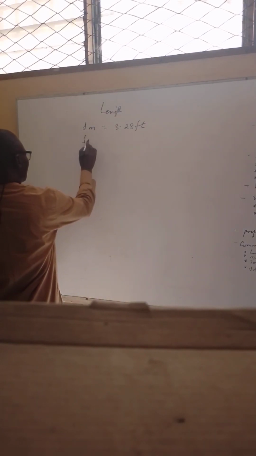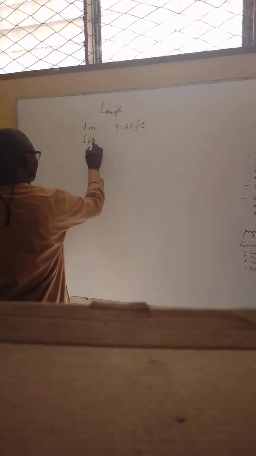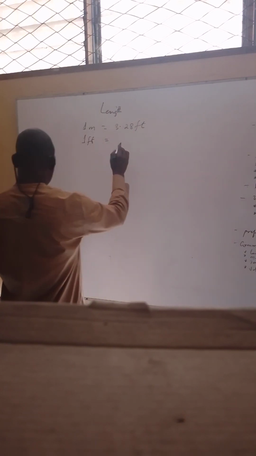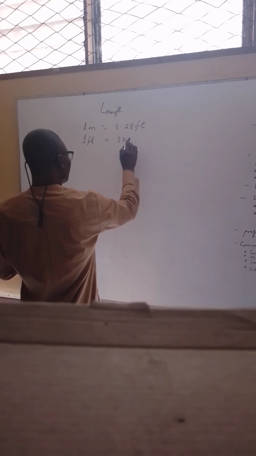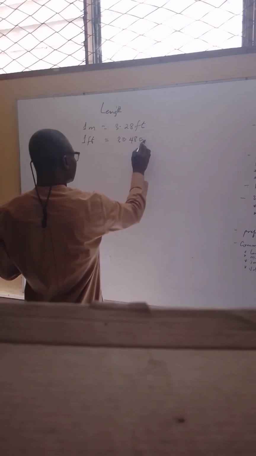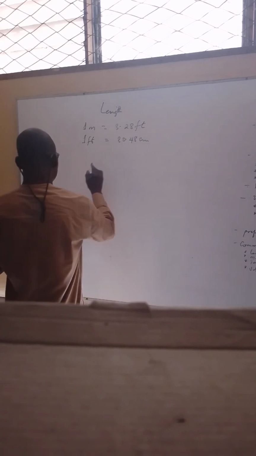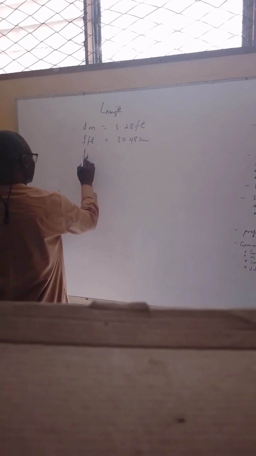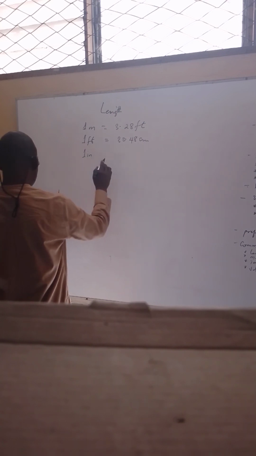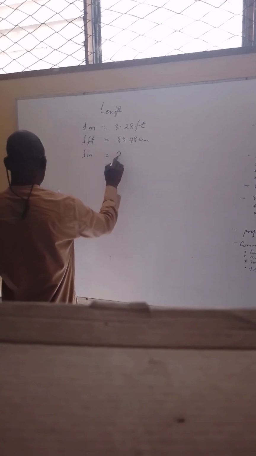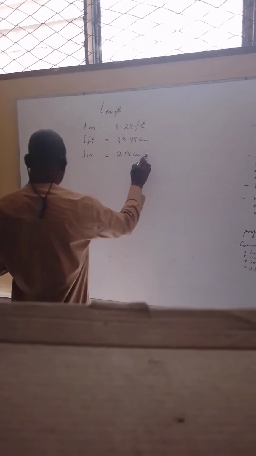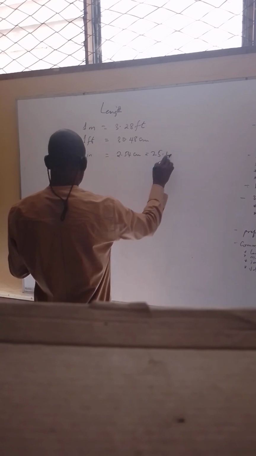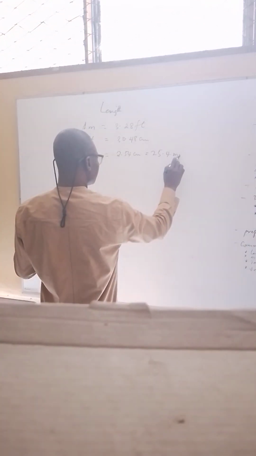While 1 foot is equal to 30.48 centimeter. And then 1 inch equals 2.54 centimeter, which is equal to 25.4 millimeter.